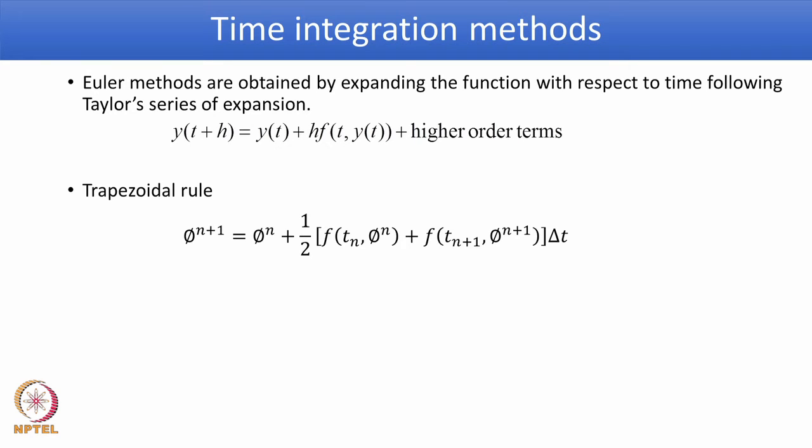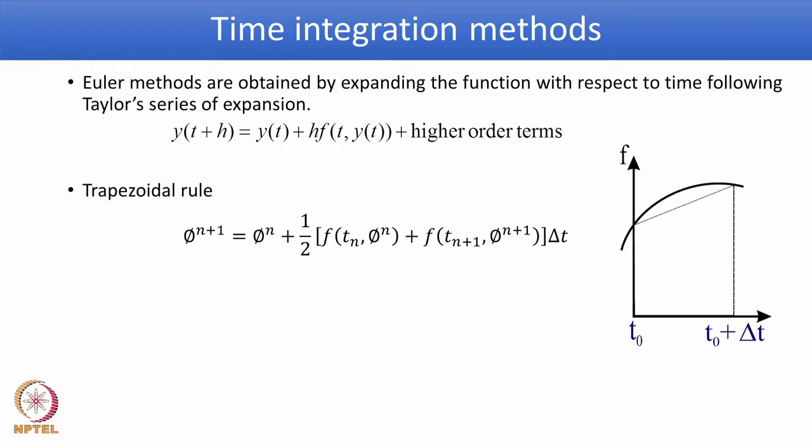Next is the trapezoidal rule, which is a combination of both implicit as well as explicit, and you have a weightage of half, 50% weightage for the explicit part and 50% weightage for the implicit part. This is also known as the semi implicit scheme or the Crank-Nicholson scheme. Graphically it is shown here.